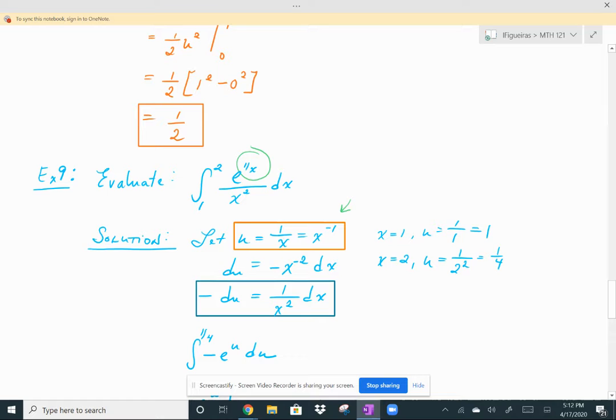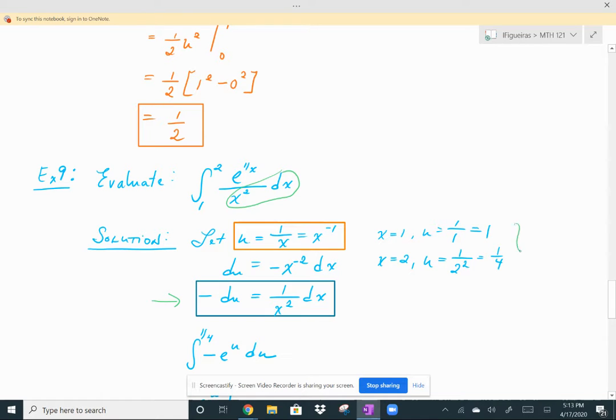So when you take du, you get that du is negative x to the negative 2. Now, x to the negative 2, if you were to rewrite it, becomes 1 over x squared. Now, I have 1 over x squared here, but I don't have the negative. So multiply both sides by negative 1. That means that negative du will replace what I circled in the original problem.